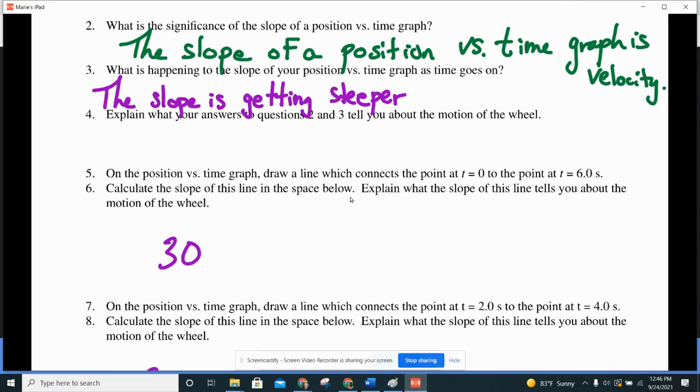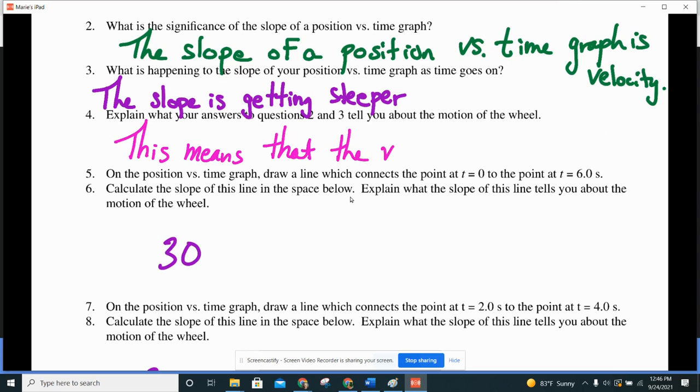Thank you. So we've got the slope is our velocity, and we have that the slope is getting steeper. What does that mean is happening? Velocity. More velocity. Yes. This means that the velocity is increasing.